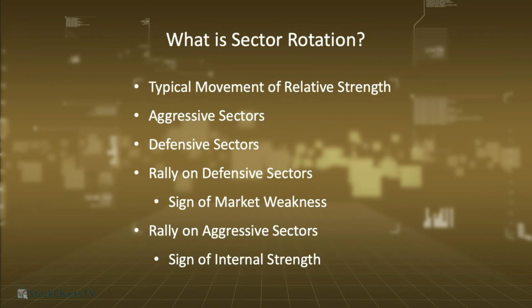For example, if you have a rally on a defensive sector or sectors, if that rally is being carried by those defensive sectors, then you're looking at a sign of market weakness more than likely. And when you get those rallies that are led by the aggressive sectors, usually that's a really nice sign of internal strength. And a lot of times it's going to confirm that you will continue to see higher prices.